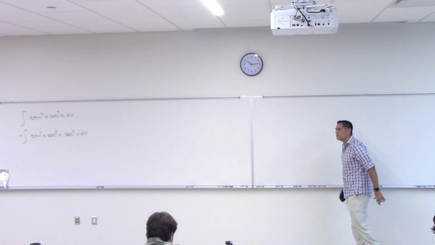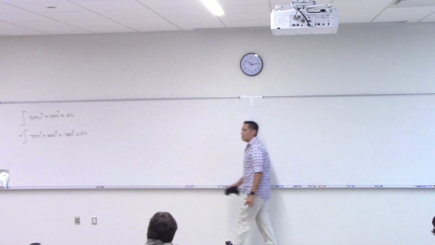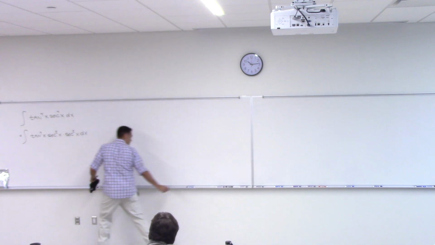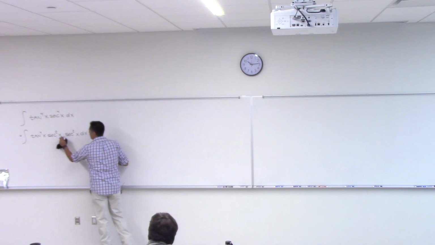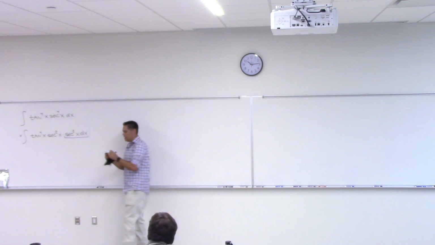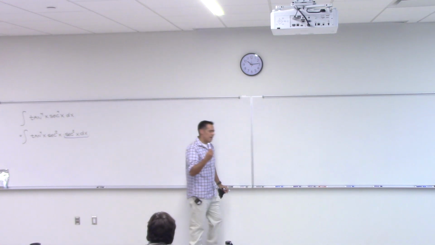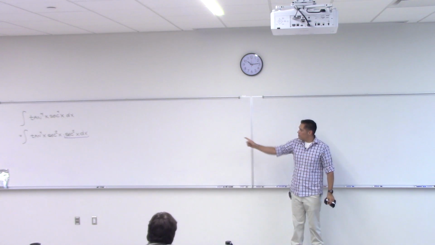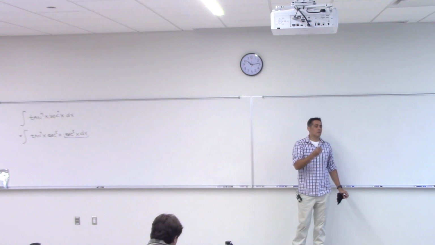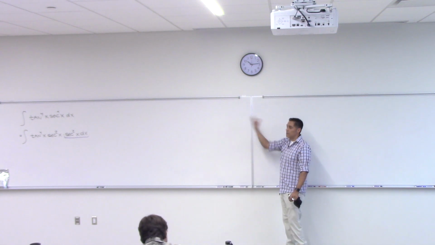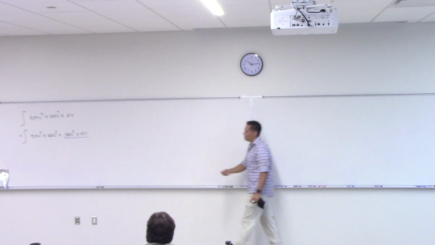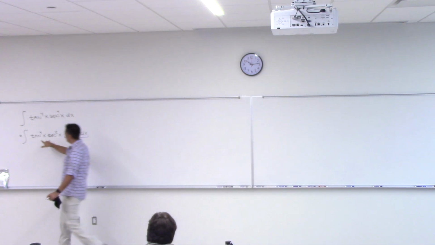Now what? That leaves us with an even power of secant, right? Now, when we've peeled this secant squared x dx off, secant squared x is the derivative of what? Tangent, right? So that secant squared x dx is the derivative of tangent. So I want to try and rewrite the whole integral in terms of tangent, which I already have out here, don't I?